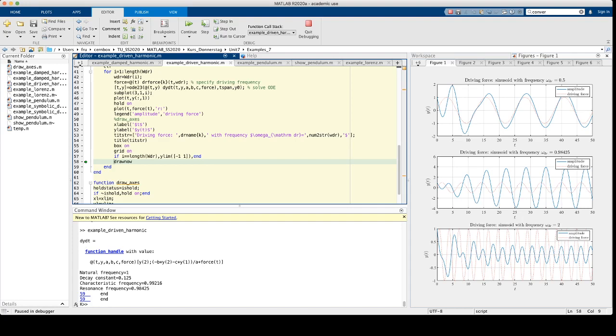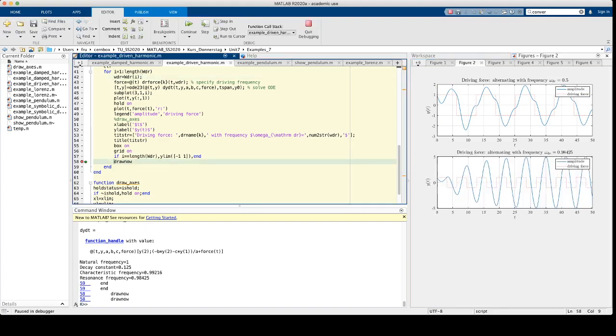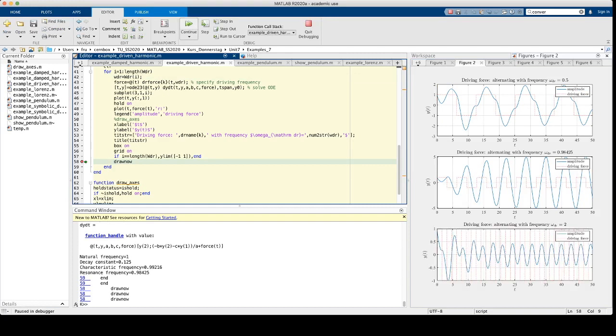Now we can repeat this with different shapes of the driving force. We now have an alternating driving force which alternates between +1 and -1. At small driving frequency, the solution is certainly not a sinus function.